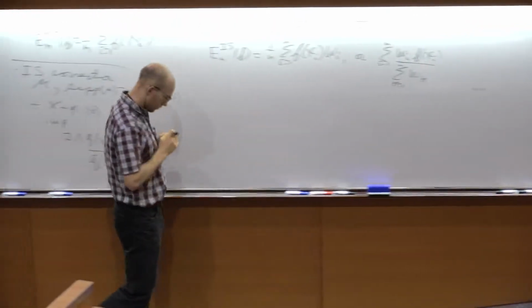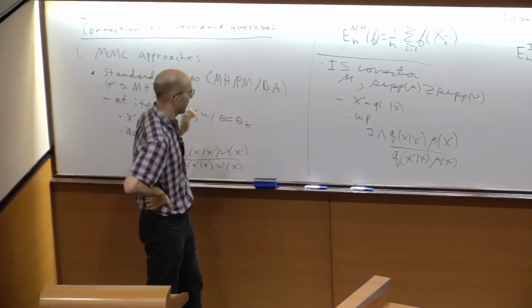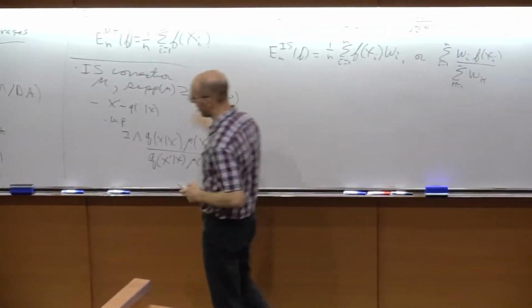So these are the two basic approaches: a direct method and an importance sampling method, where we use an approximation.